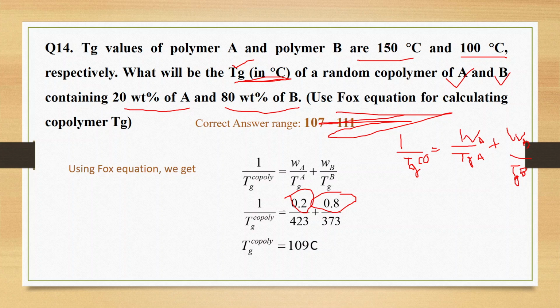So once you add 273 to 150 and put it here, and add 273 to 100 degrees centigrade and put it here, you now just have to calculate Tg of your copolymer. Whatever value you are getting in Kelvin, subtract 273 from it to convert it to degree centigrade, and you will be ending up with this particular value or a range about 107.